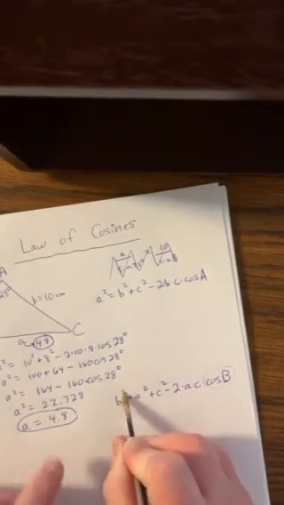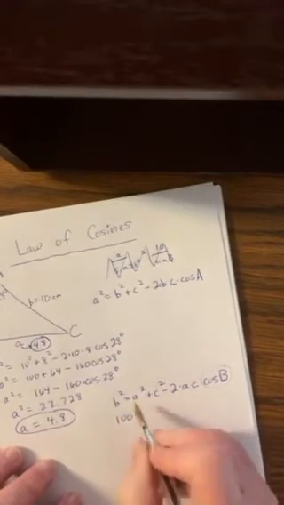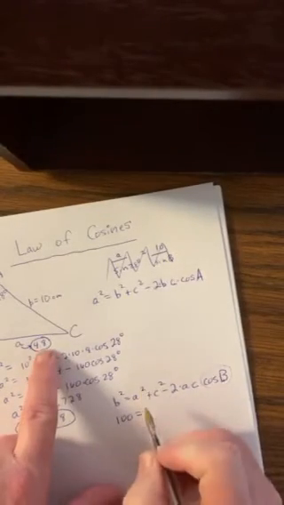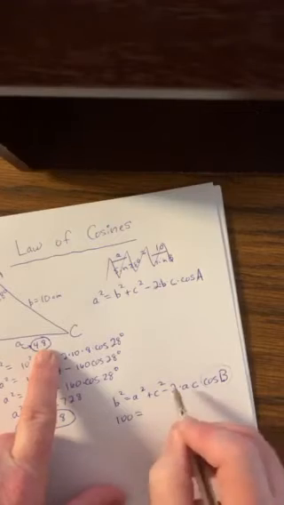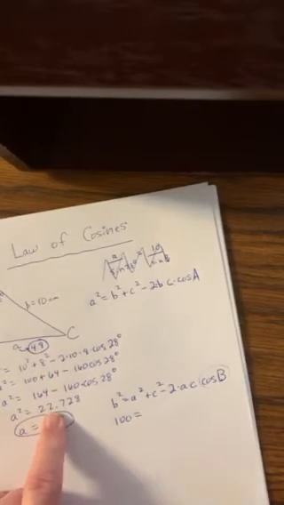b squared would of course be 10 squared, which is 100. Equals a squared. Well, a was 4.8, and when you square it, you get 22.728.